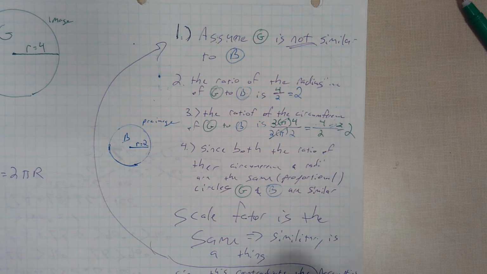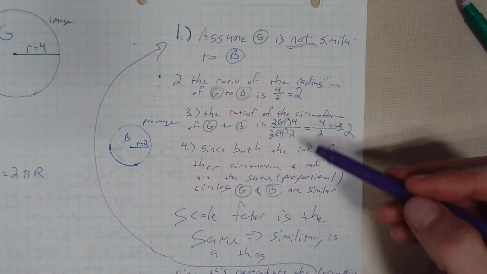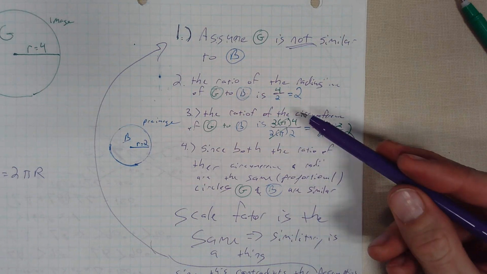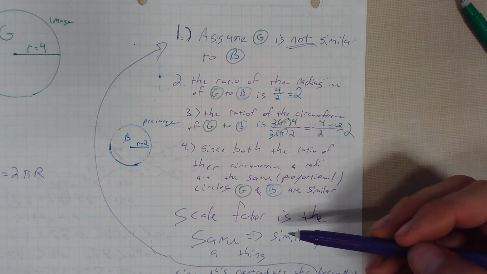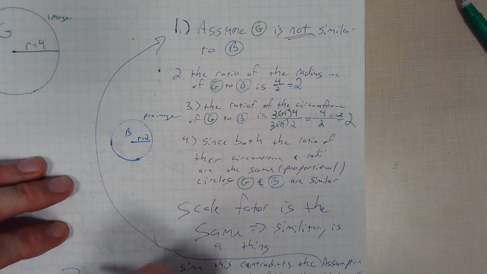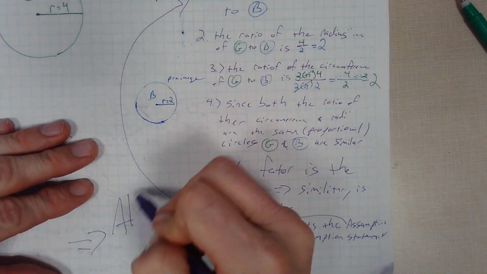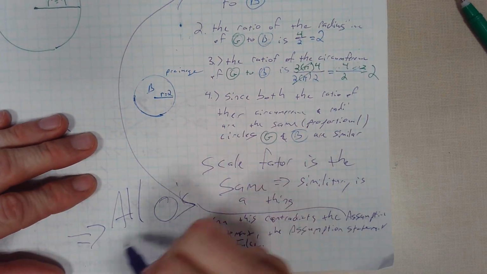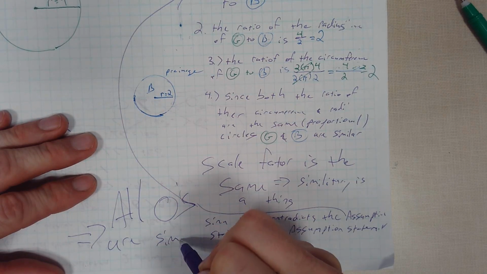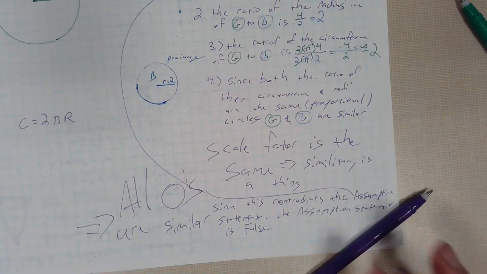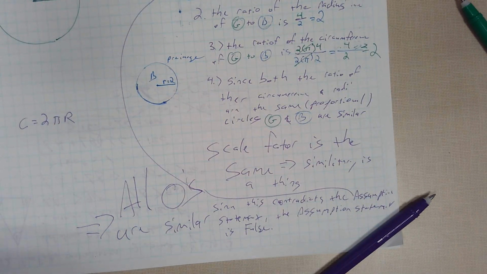The assumption statement is false. Right? We proved it was false with math, with known postulates and theorems. Therefore, we can say all circles are similar. All right? So there you go. So that's how you do it.